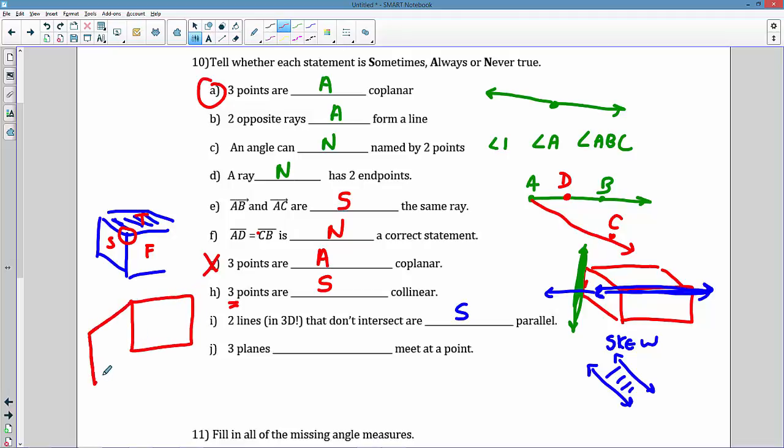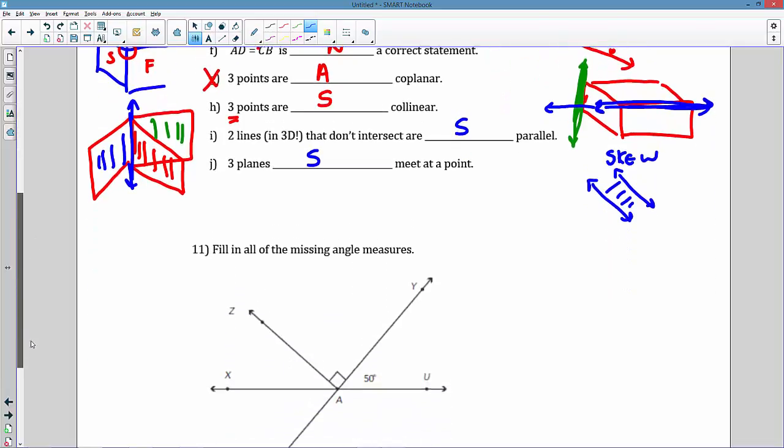So here's pages in a book, and maybe another page like this. There's a page, there's a page, so they all meet at this line. Now remember, this is a line even though it looks like a segment, because planes don't end. That's very important. So they actually meet at a line, not a segment. So sometimes is the answer to that problem.